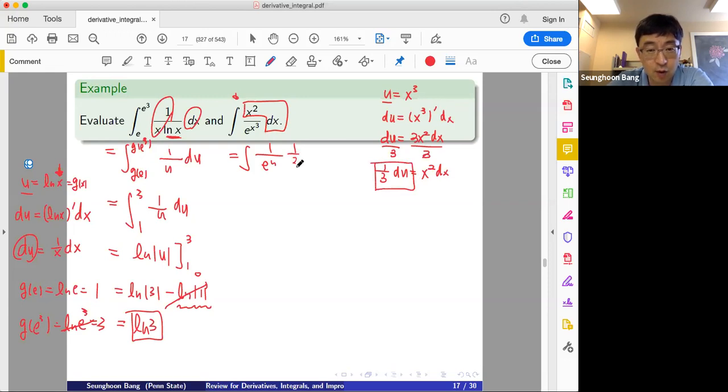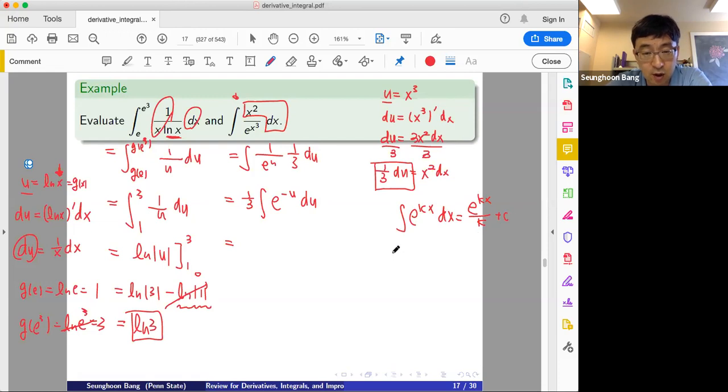We can take out the 1/3. 1 over e to the u is e to the negative u du. So what would the answer be? We can use this rule: the integral of e to the kx dx is e to the kx over k plus c.